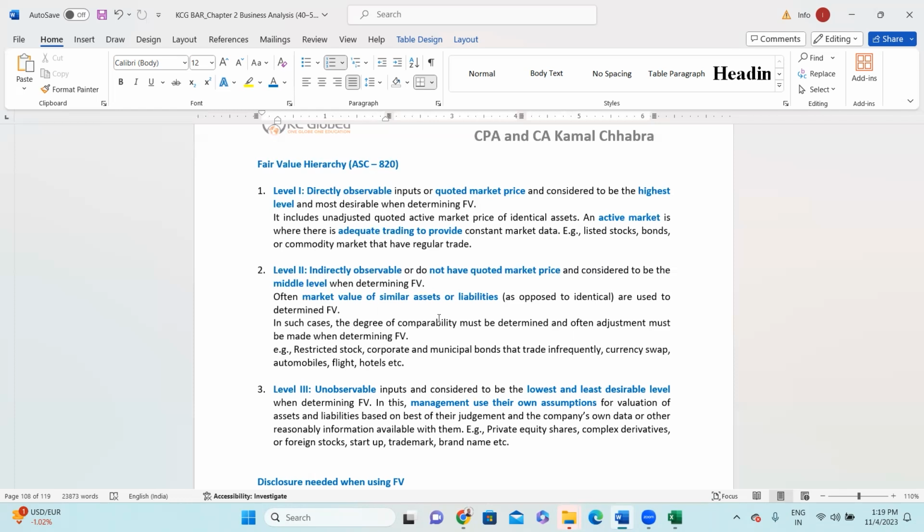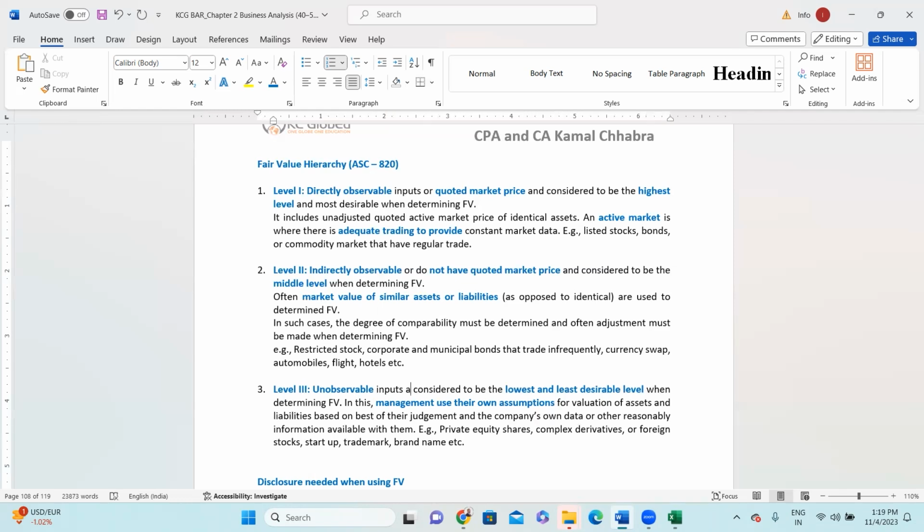So unobservable inputs are considered to be the lowest and least desirable level when determining the fair market value. In this, management uses their own assumptions for valuation of assets and liabilities based on the best of their judgment.